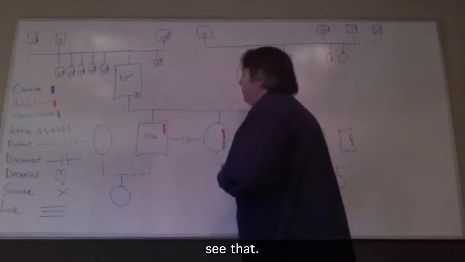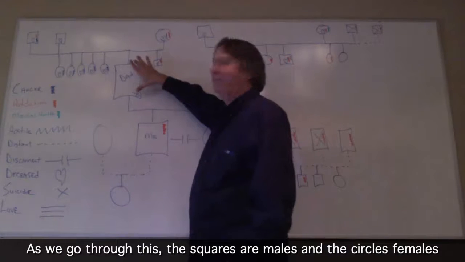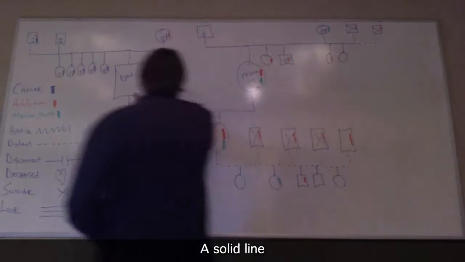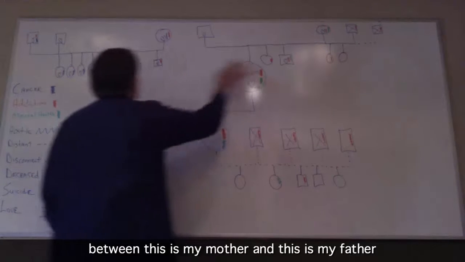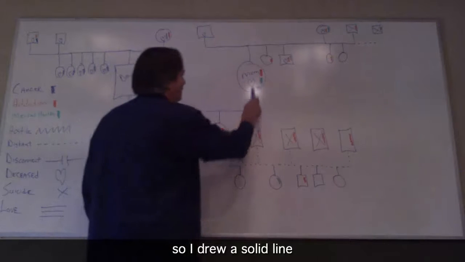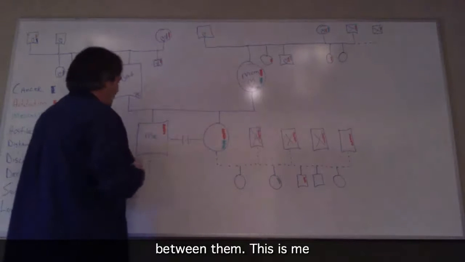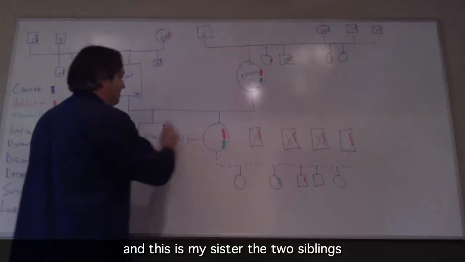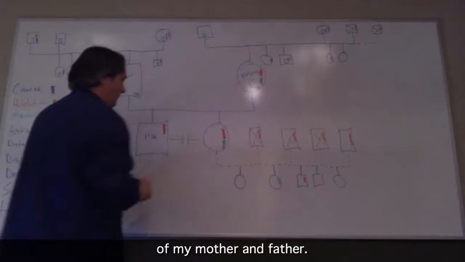As we go through here, the squares are males and the circles are females. The solid line in between, this is my mother and this is my father, so I drew a solid line between them. This is me and this is my sister. So we're the two siblings of my mother and my father.